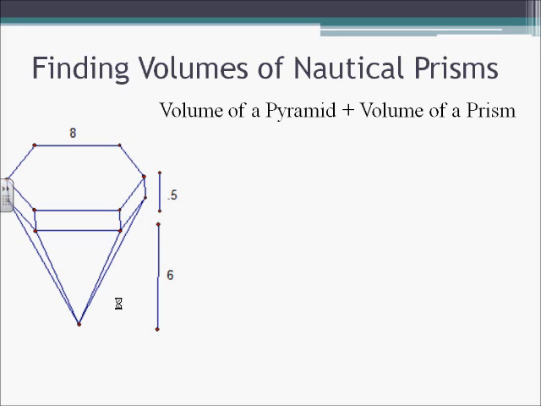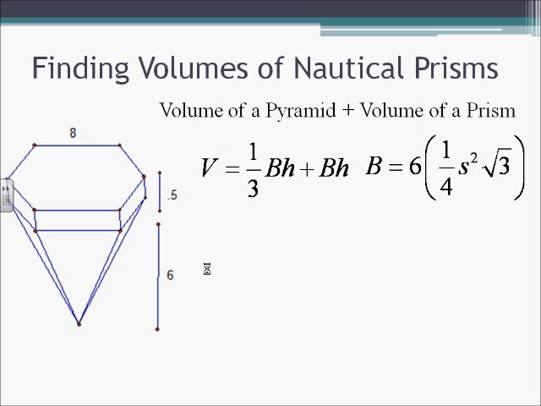So since it's a hexagon, the area of our base is going to be equal to 6 times each one of our equilateral triangles. So 6 times 1/4 times our side squared times the square root of 3. So the area of our base is going to end up being 6 times 1/4 times 8 squared times the square root of 3. We know 8 squared is just going to be 64. 1/4 of that would be 16. So it's going to be 96 square roots of 3 for the area of our base.